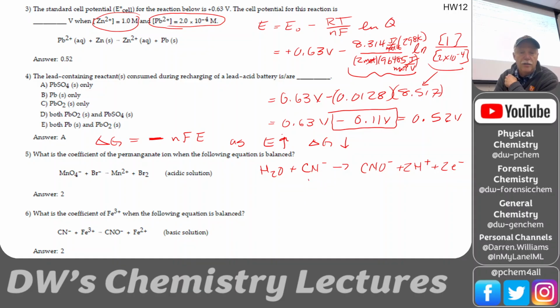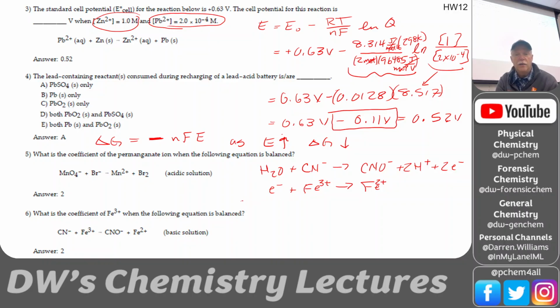Let's do the iron. Iron should be easy. Okay, we got a +3 on the left, a +2 on the right. We can reduce the +3 down by adding an electron. And so that's a reduction.